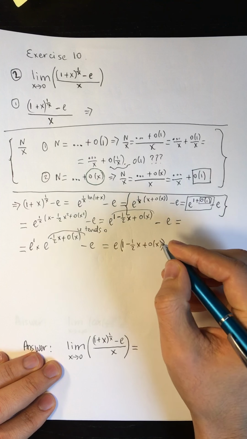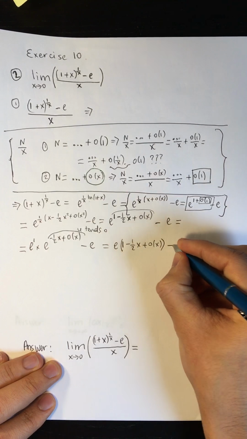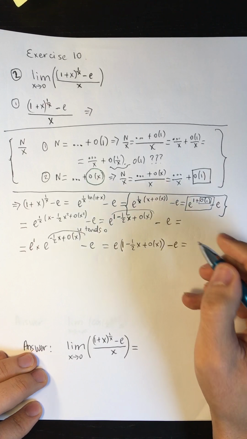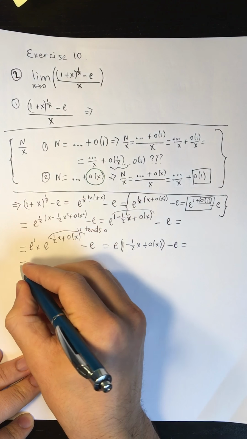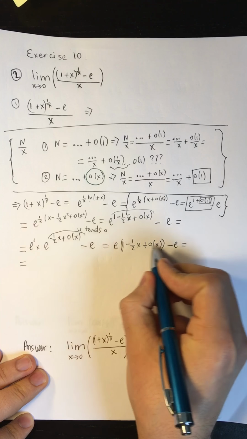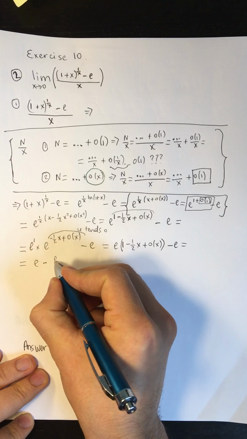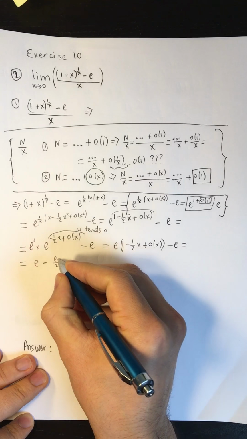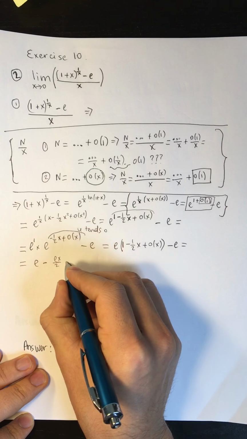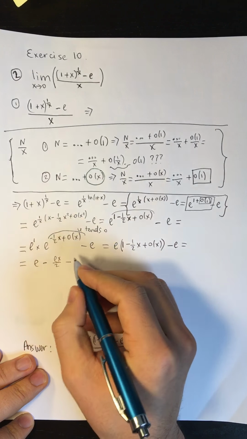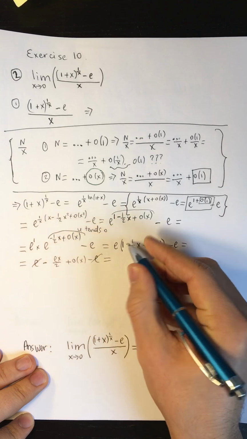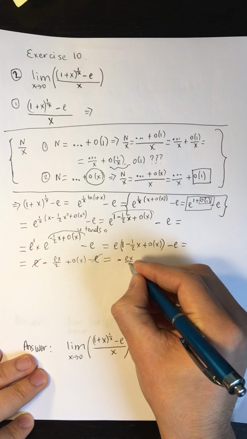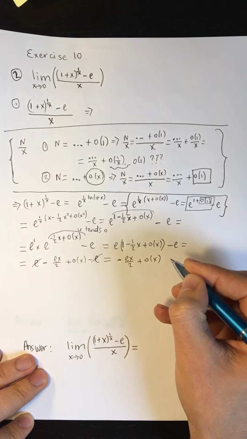If you don't understand this part, watch the previous videos, because exercises 8, 9, 10 are related and connected. So you multiply e minus e over 2 x, and e times o(x) is o(x). You cancel e, and you have minus ex over 2 plus o(x).